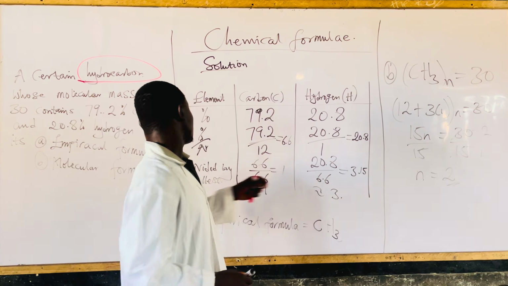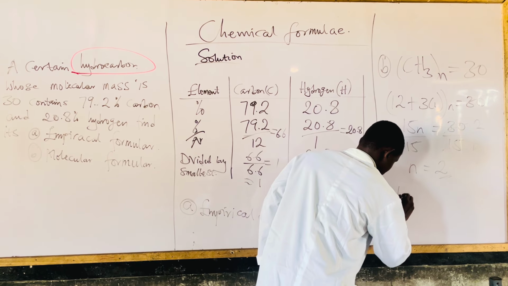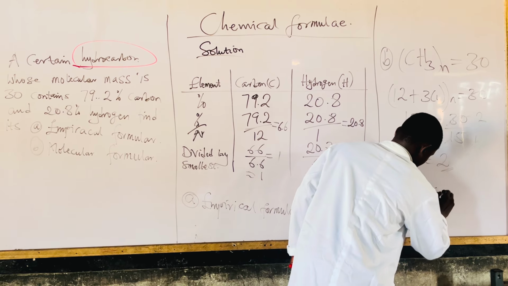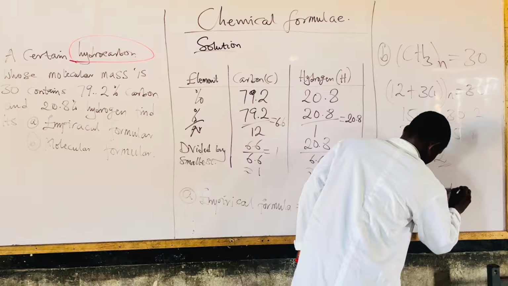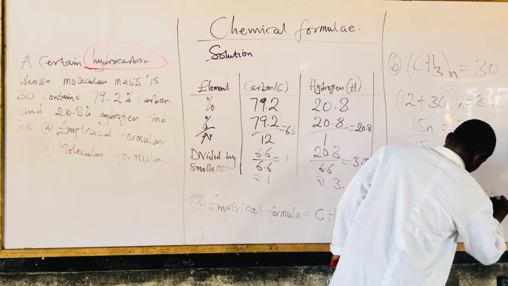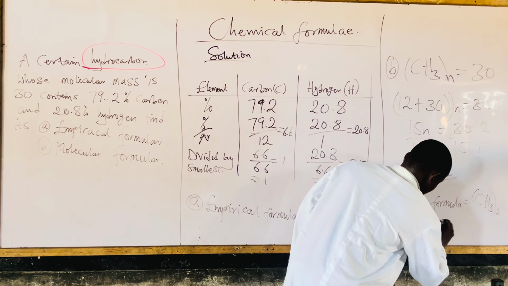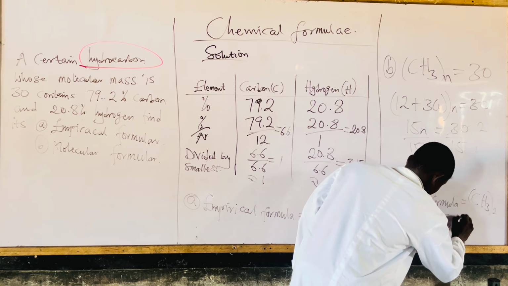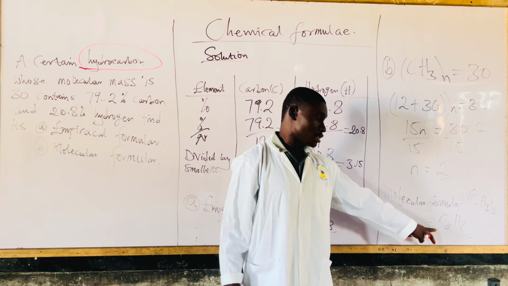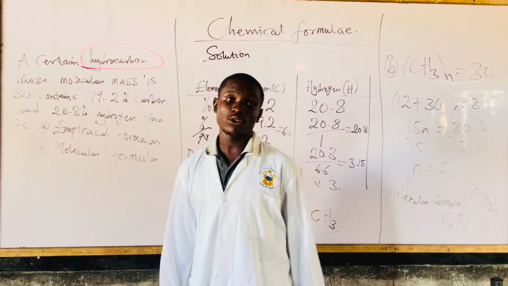So now let's determine the molecular formula. So we now have our C2H6 to be our molecular formula.